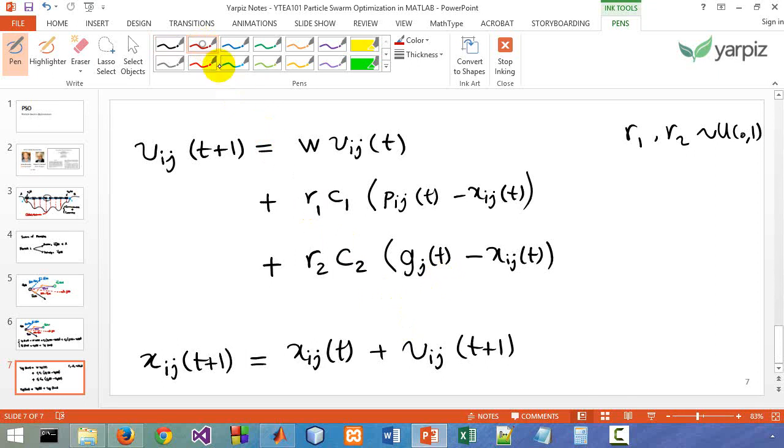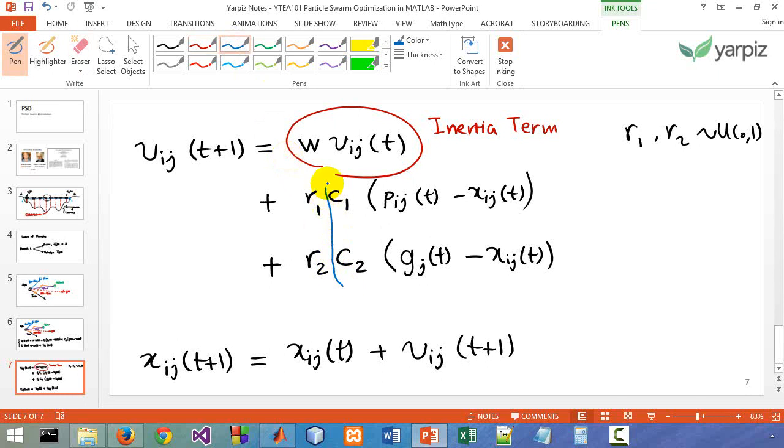Let's investigate the components of these equations. This term is the inertia term, and the coefficient W is the inertia coefficient. In the original version of PSO proposed in 1995, there was no inertia term. However, in 1998, Eberhart and Shi added this term to the model of standard PSO.